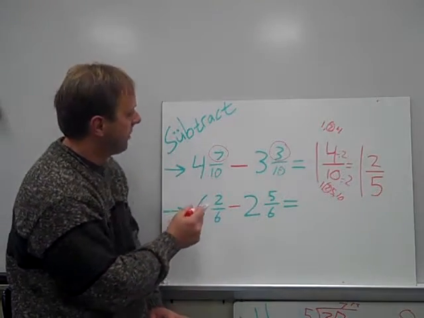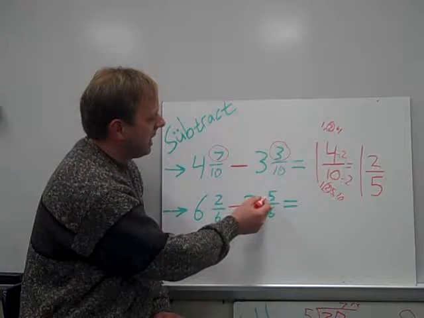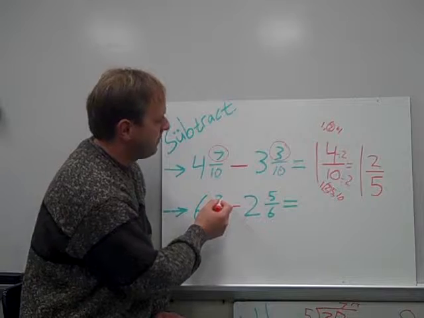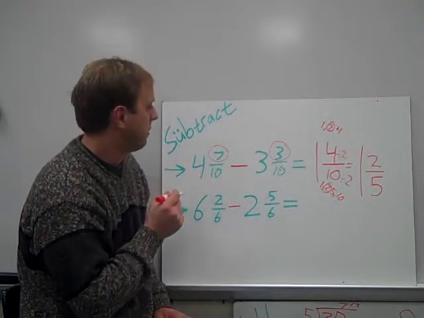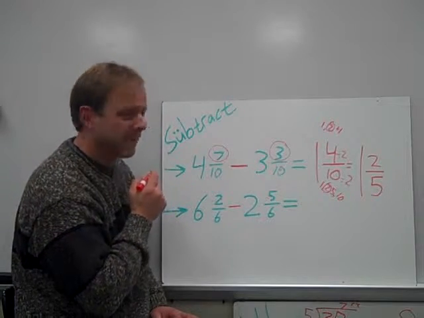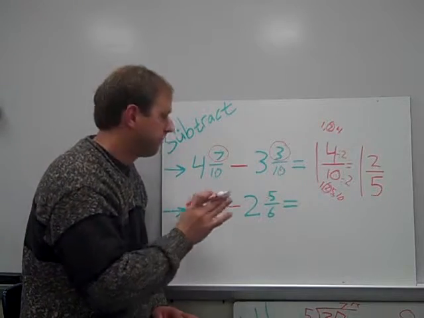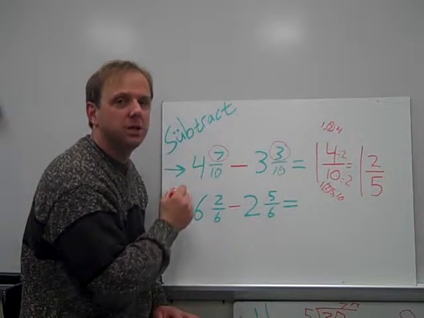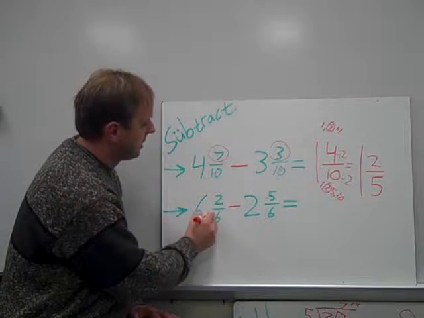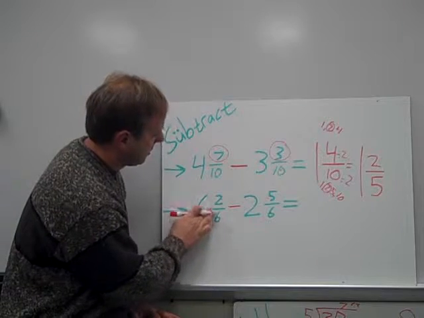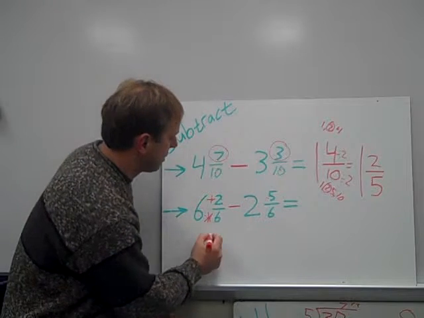Now this is an example of what I was just talking about. I have a numerator here that is 2 and a numerator here that is 5. If I have 2 and I subtract 5, I have negative numbers. We don't do negative numbers in 4th grade. So what we need to do again is convert both mixed numbers into improper fractions. 6 times 6 is 36, plus 2 is 38.